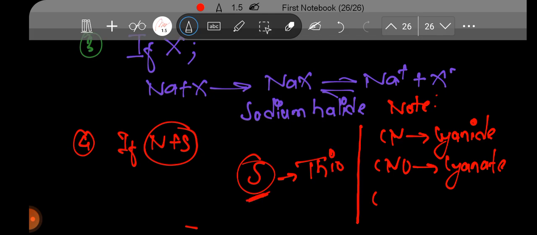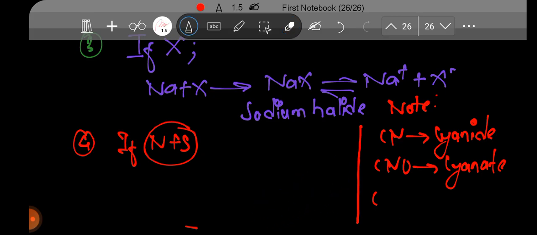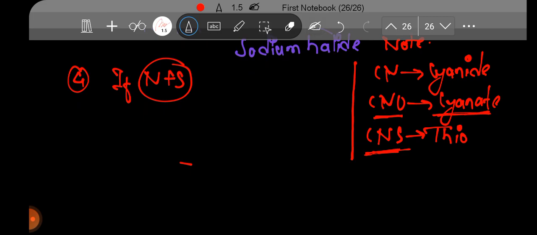Sulfur group is also known as thio, and nitrogen group is also known as nitro. Similarly, we apply this phenomenon here. If CNO then it is known as cyanate, if CNS then it is known as thiocyanate.